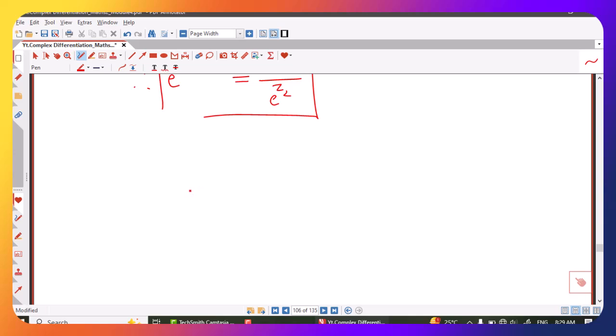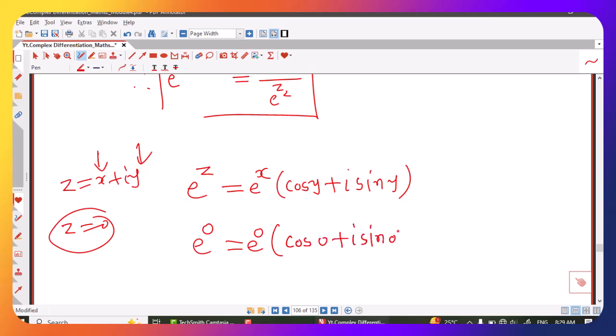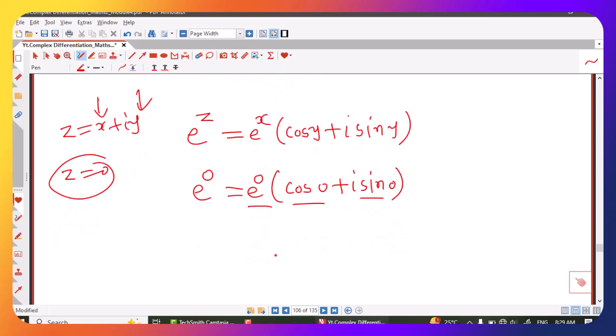And we have the definition of e raised to z: if z equals x plus iy, then e raised to z is given by e raised to x times cos y plus i sin y. Now suppose we take z equal to 0, then x and y are both 0. That is, e raised to 0 is, here we put x equal to 0 and here we put y equal to 0. Cos 0 is 1, sin 0 is 0, and e raised to 0 is 1. This is for the real exponential function.